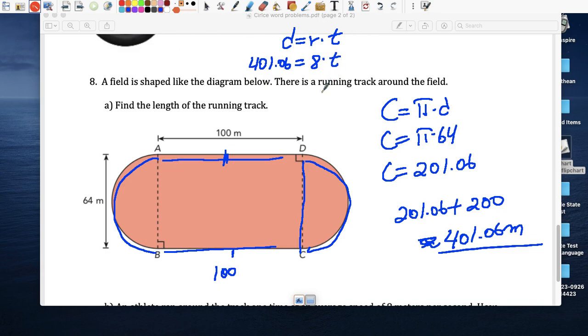T is what we need. So we're going to divide both sides by 8. T, our time. If the whole track is 401.06 meters and you can run at 8 meters per second, we're going to divide that by 8. And the time it's going to take for you to travel around that is 50.13 seconds. Okay? And that's the answer for B. All right. That's it.